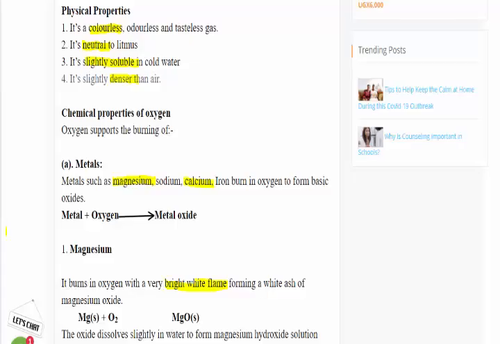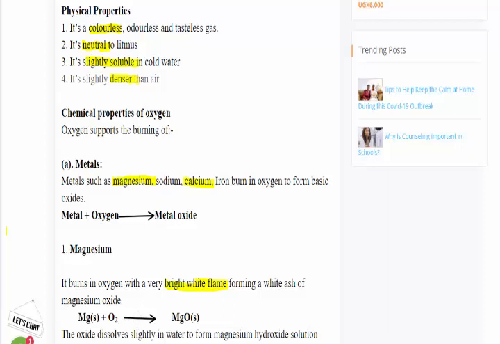Let's look at the equation of reaction between magnesium and oxygen. Magnesium reacts with oxygen gas to form magnesium oxide. As you can see, we have two oxygen atoms on the left hand side and only one oxygen atom on the right hand side.